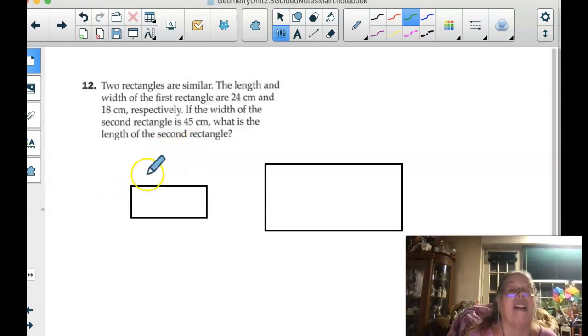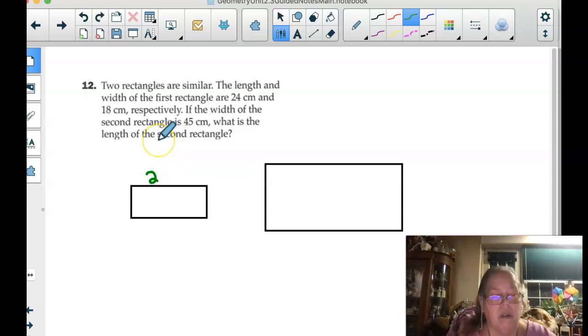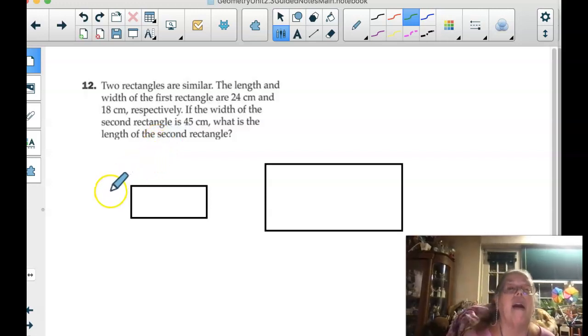It doesn't really matter as long as I match 24. That's actually the width. Let's keep that the width. So the length is going to be 18 and the width is going to be 24.